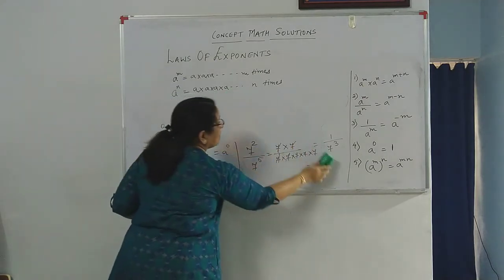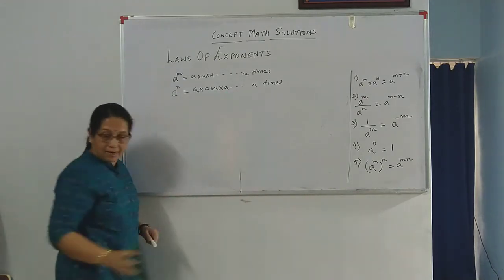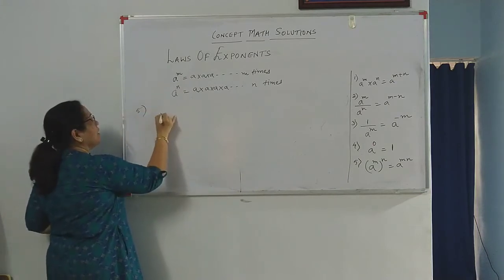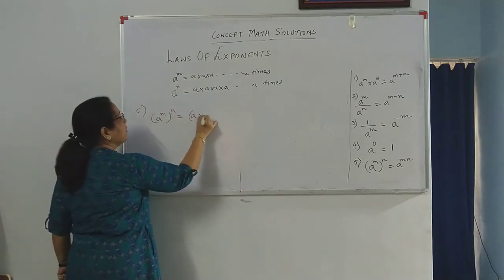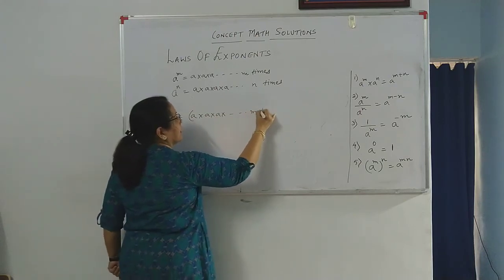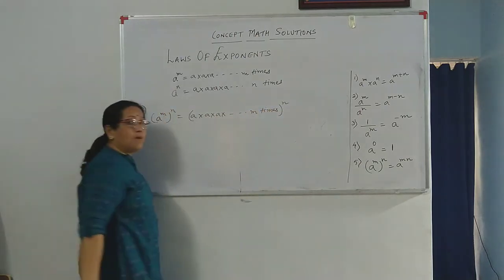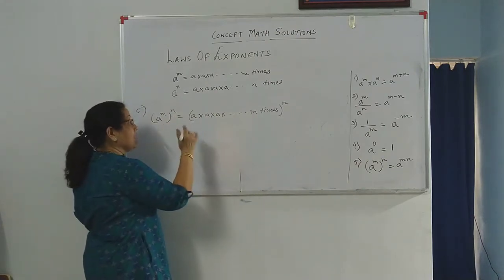Coming to the fifth law of exponents, a to the power m, whole to the power n. It means a to the power m will be a into a into a, m times. Yes, and that to the power n.